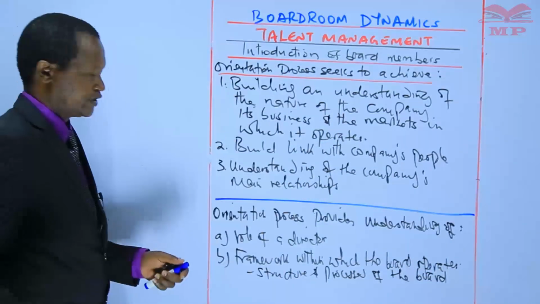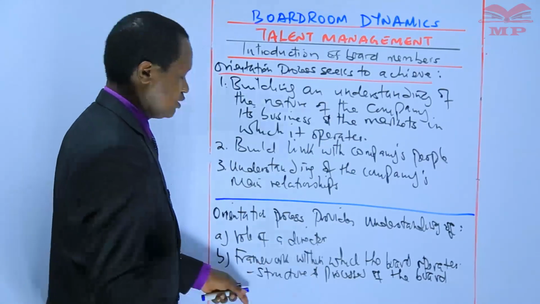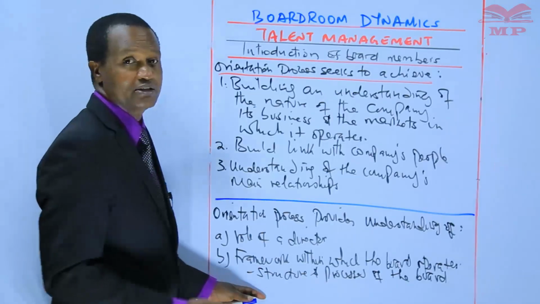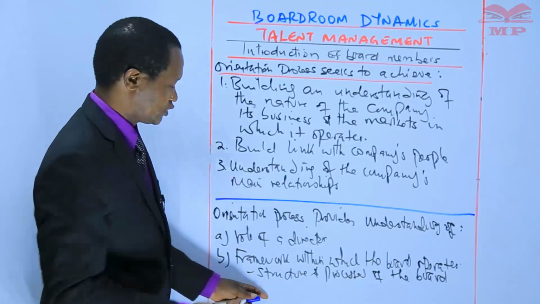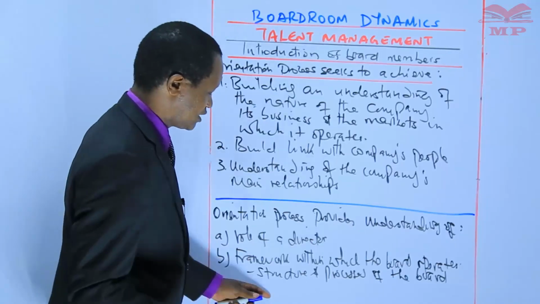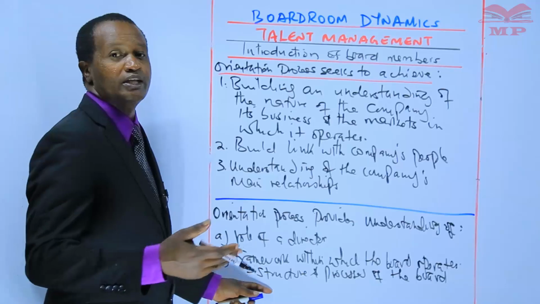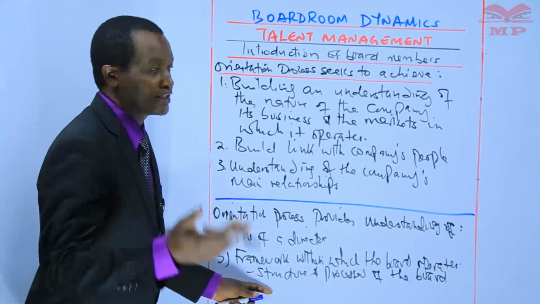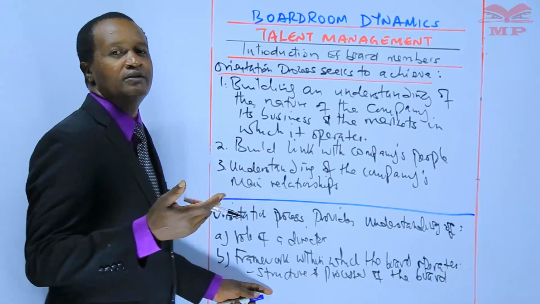What is the structure of the board? Who is the board chairman? Who is the deputy? What are the committees? Are there board committees? Who sits on the committees? And so on. So the framework within which the board operates, things like the structure and the processes of the board, so that the director can help provide effective oversight.